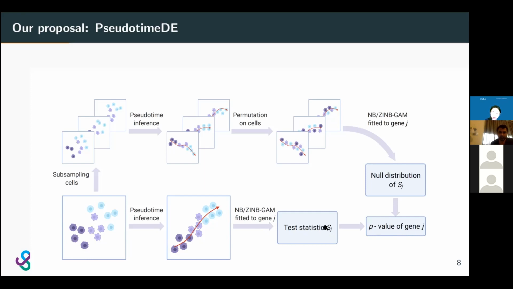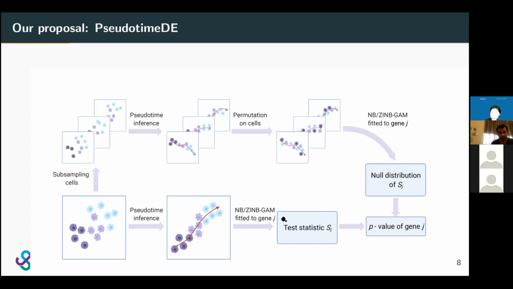Please note that we're not going to use the theoretical asymptotic distribution of the test statistic S_j from the GAM theory, because for our motivation, the pseudotime is not fixed.